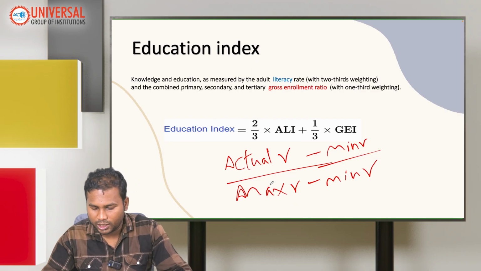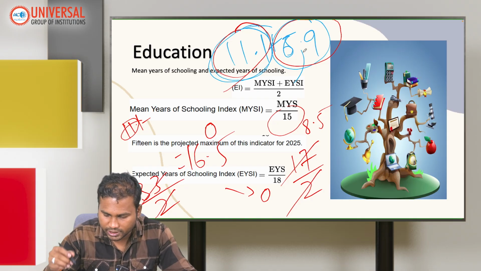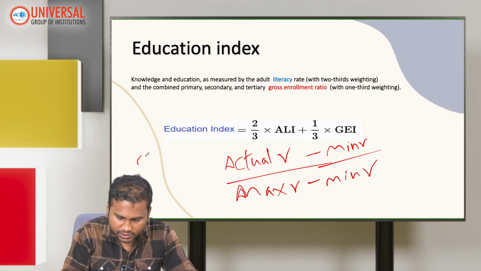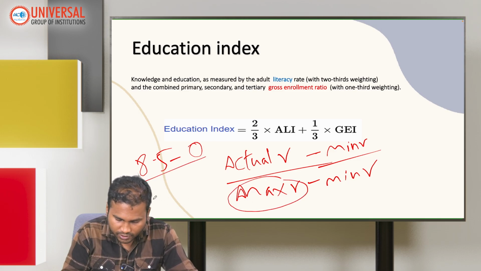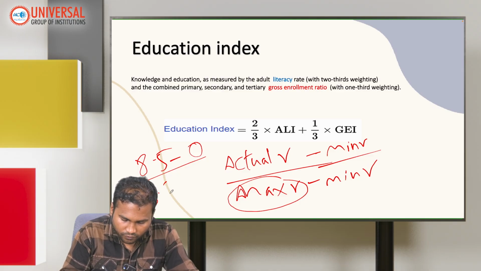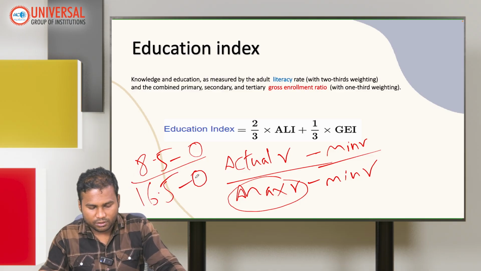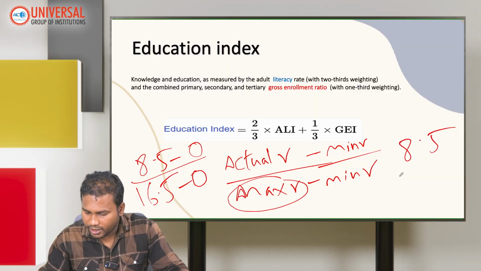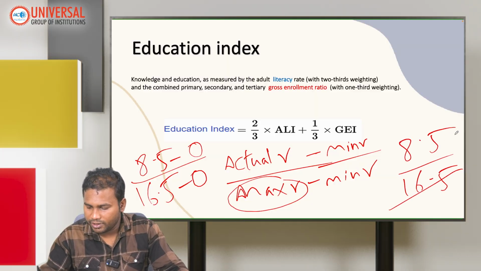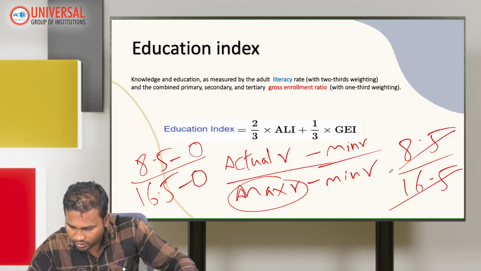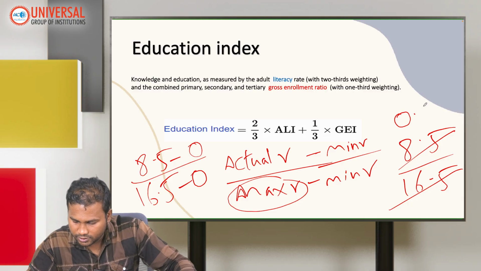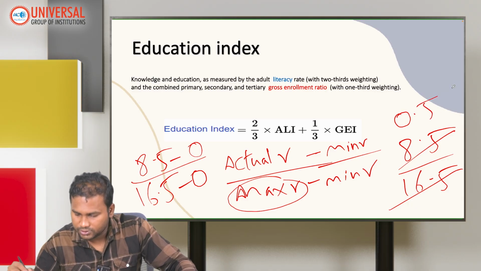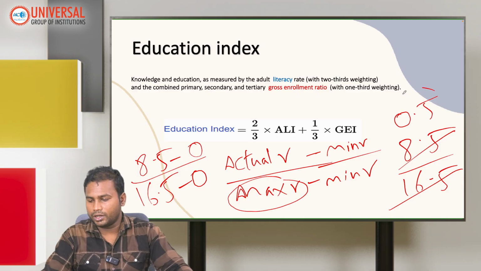So if we want to quantify it, the actual value from our example, the average, is 8.5 minus the minimum value, 0, over 16.5 minus 0. When we divide this, the indicator is less than half, so we get around 0.5.